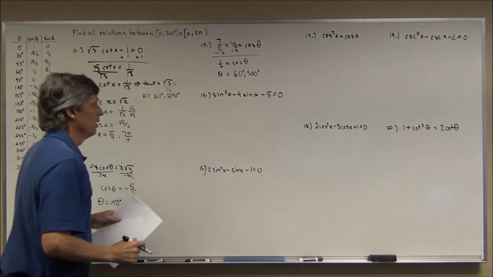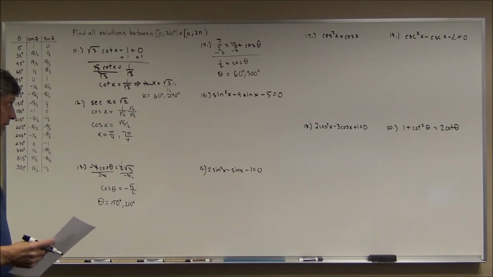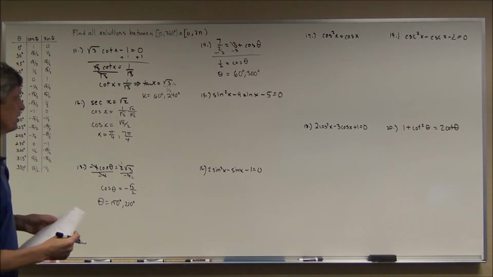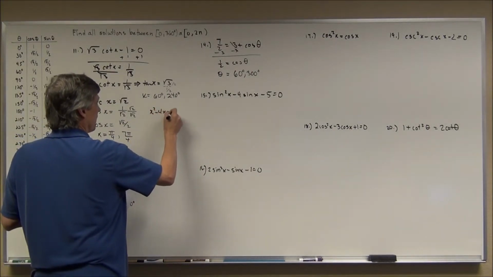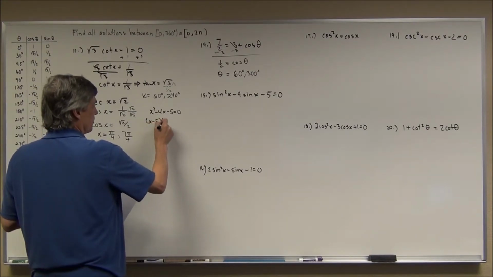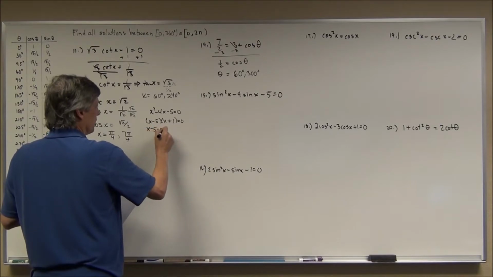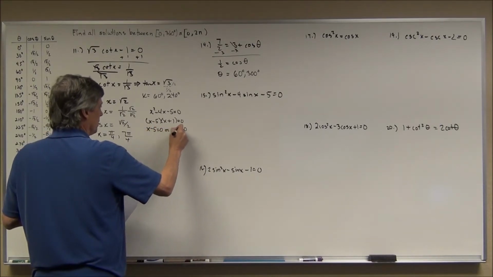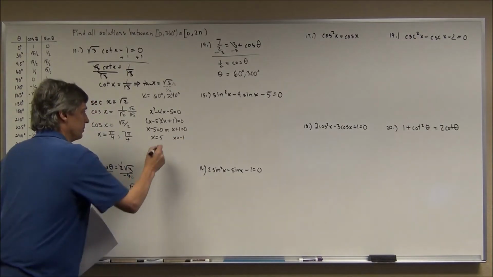Now begins our problems where we're going to have to do some factoring. Now you're used to factoring stuff that looks like this. X squared minus 4x minus 5 equals 0. You'd factor x minus 5 times x plus 1, and then you'd set x minus 5 equal to 0, or you set x plus 1 equal to 0, and you'd solve each one of these simpler equations.